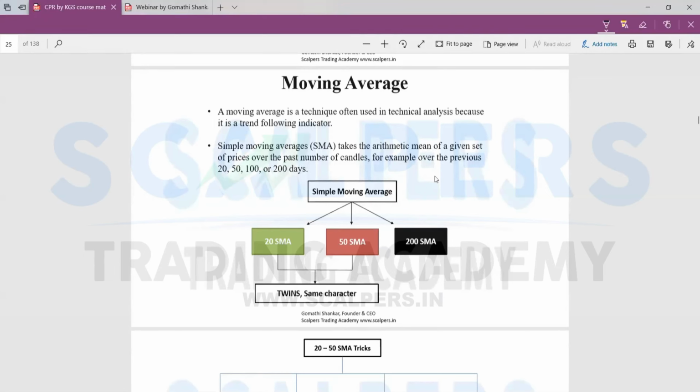Why are we following the simple moving average? Because simple moving average gives weightage to all the prices equally. Exponential moving average and weighted moving average give special importance to certain prices, the recent prices alone.